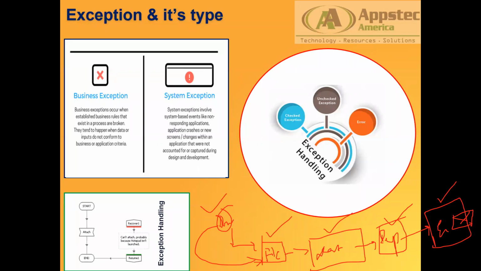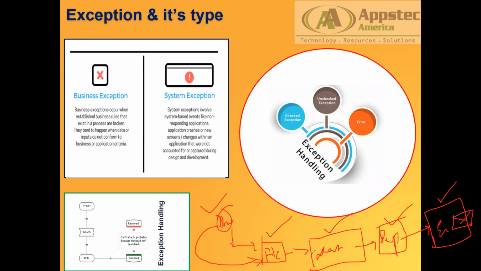So business exceptions are nothing but an error that might occur in the data or as part of the process, which makes it missing or incomplete. Anything that is related to the process and any deviation from my normal process flow is what we call a business exception.